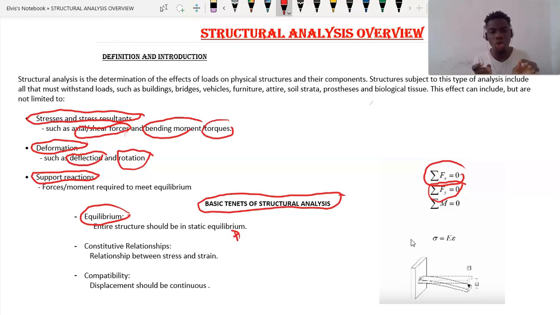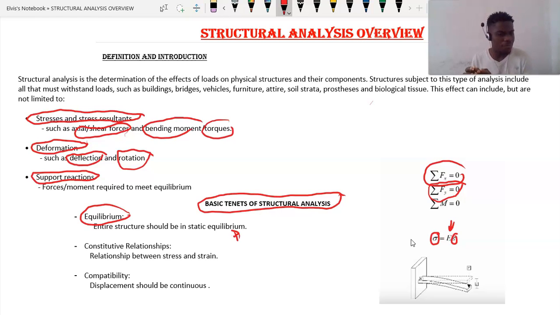Okay, guys, so we need to understand the idea of Hooke's law, which is stress and strain need to be proportional. Okay, so we need to understand this in order for us to analyze our buildings. The stress is equal to the modulus of elasticity multiplied by the strain. So E is equal to modulus of elasticity. So this is equal to stress over strain.